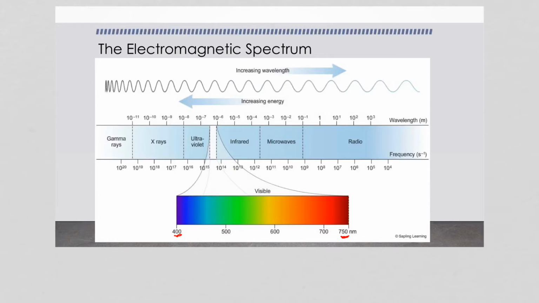Right? This represents only a very small section of the entire electromagnetic spectrum, or all of the waves that exist moving at the speed of light.